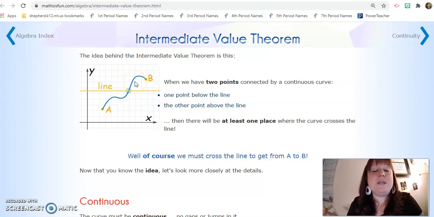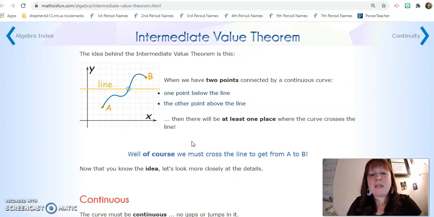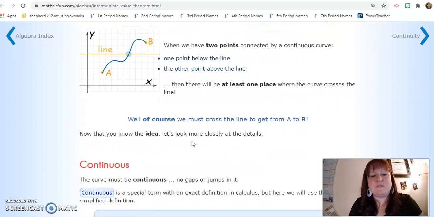That's all the intermediate value theorem says, that if I have some point A below a line and another point B above a line, to get from A to B, I have to cross that line. And oftentimes we'll say, I know what this line is, say this line is some number, then we have to find what x value gives us that point. And it makes sense, right? It actually really makes a lot of sense.